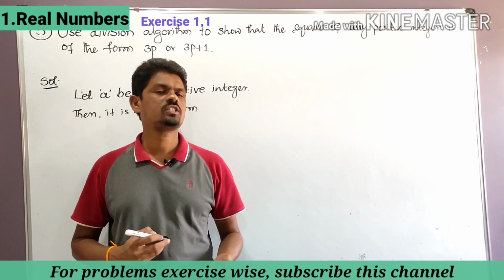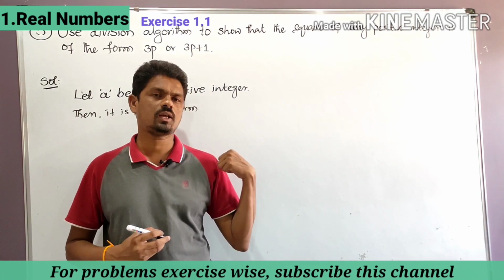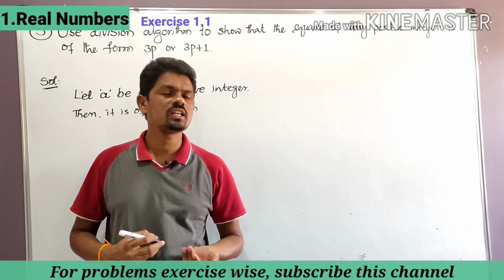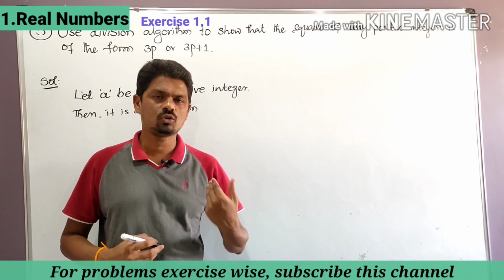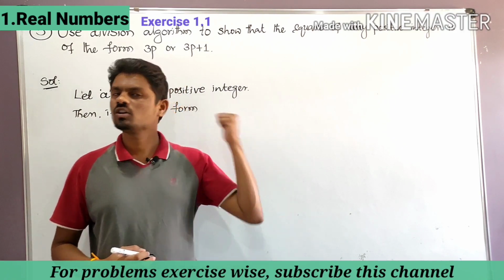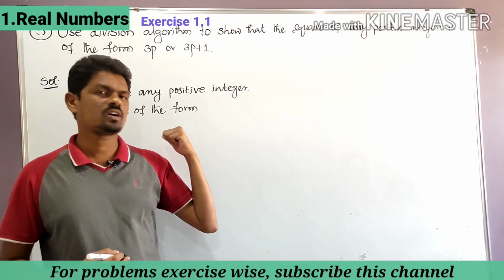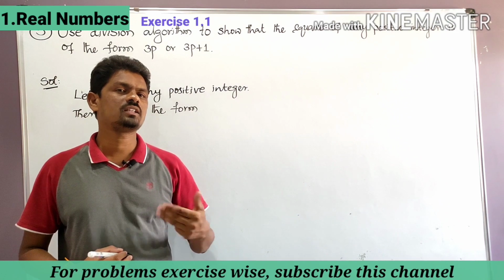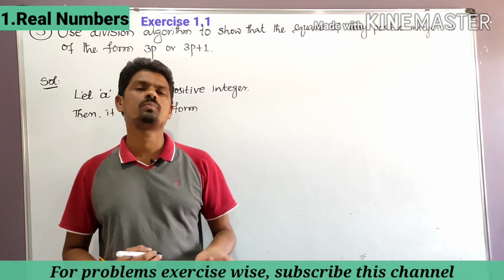This is the proven statement we have to use here. So let small a be any positive integer, then a may be either 3q or 3q plus 1 or 3q plus 2.